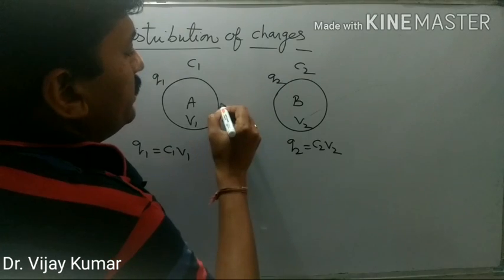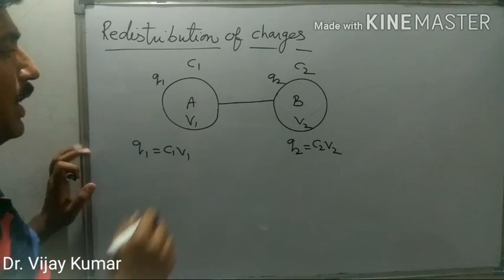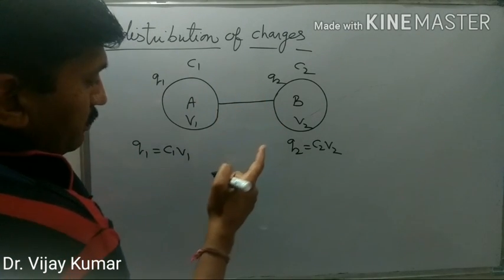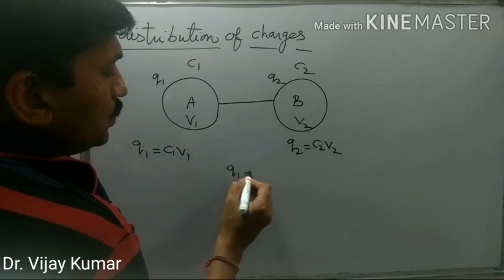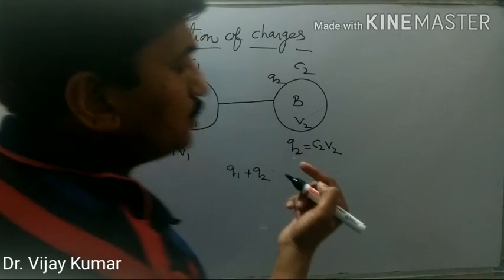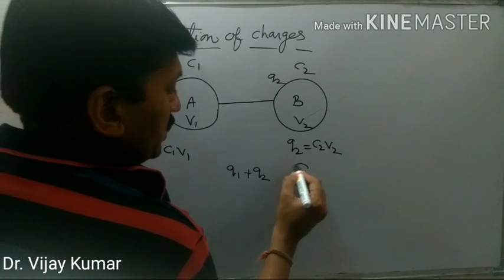Now we join these conductors by a small wire, and after joining, the total charge of the system becomes Q1 plus Q2, as charge flows from high potential to low potential.